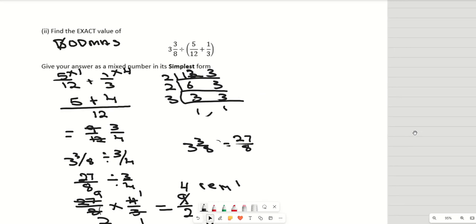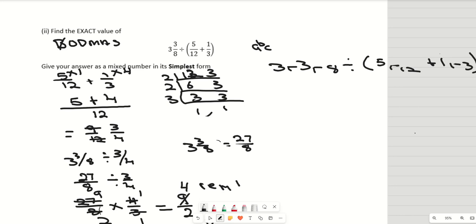Alright, now if you are to use this in your calculator, put the brackets as it is. There is this ABC button. You're going to put 3, ABC, 3 over 8 divided by, open bracket, 5 over 12 plus 1 over 3, close bracket. Make sure to close your brackets.